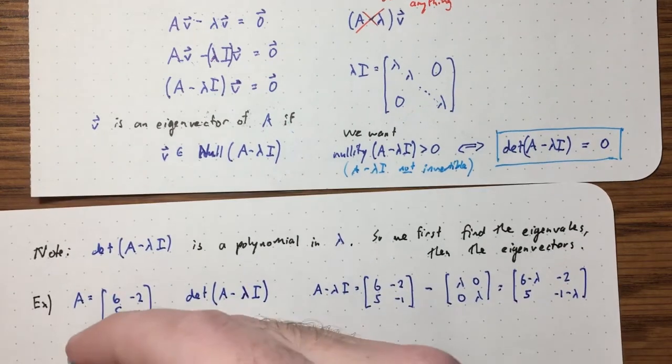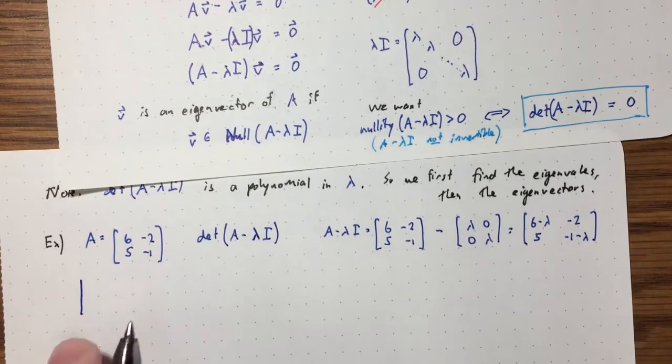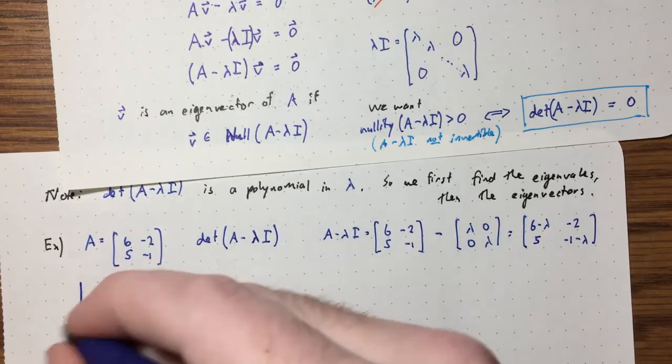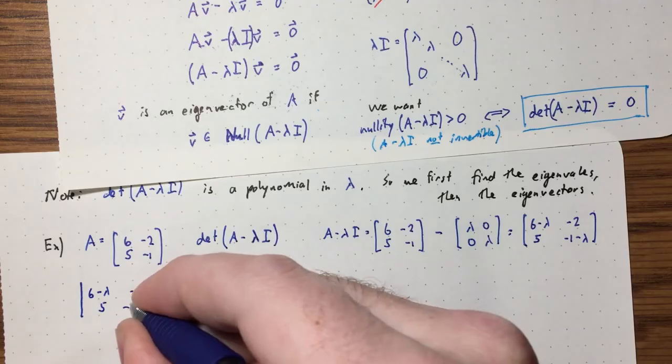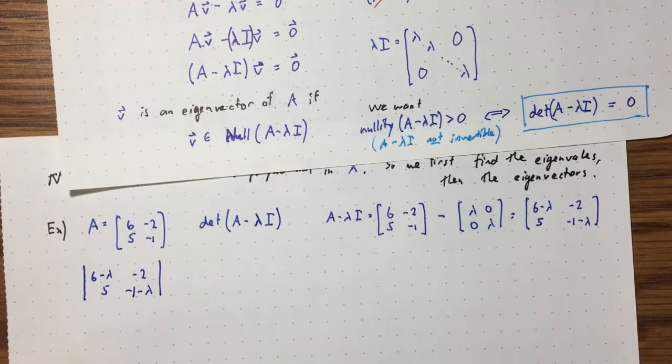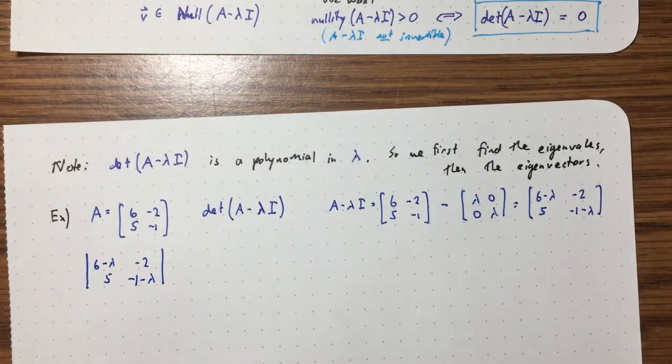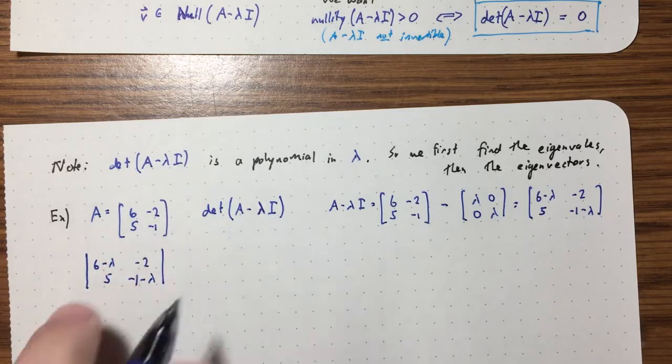Now I look at the determinant of this matrix, which you can denote by these straight bars. So this means determinant. What is the determinant of this matrix? Well, it's a 2 by 2 matrix, so it's just AD minus BC.